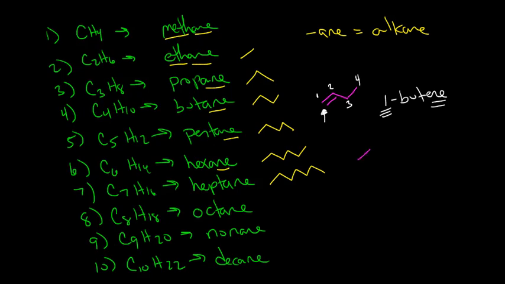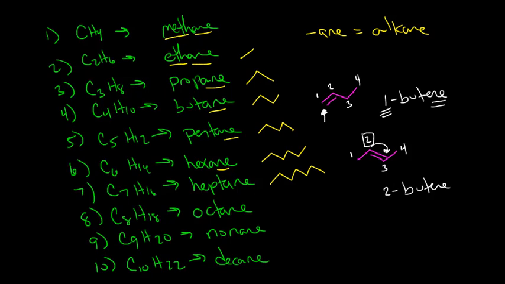So if we put the double bond between the second and third carbon, so this is still butene, but in this case I number 1, 2, 3, 4. So in this case, the double bond is between the second and third carbon, so 2 is the lowest number, so we give it 2-butene.